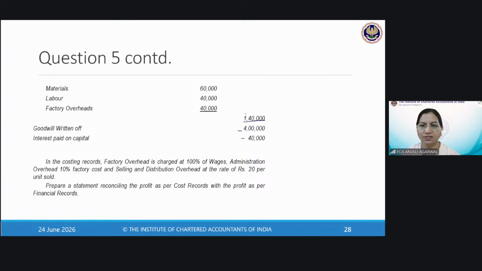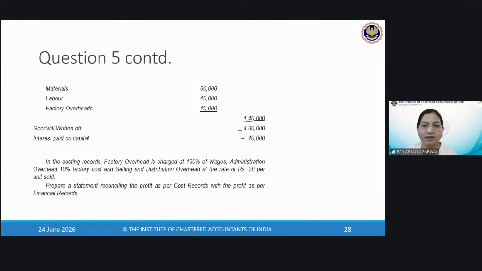So in reconciliation, sometimes you will have financial and costing profits, cost sheet prepared, and profits for both are given. You only need to reconcile. Sometimes the profit and loss account would be given, but you need to prepare the cost accounts and then reconcile. But sometimes neither the financial profits nor the cost sheet or cost accounts are laid down.